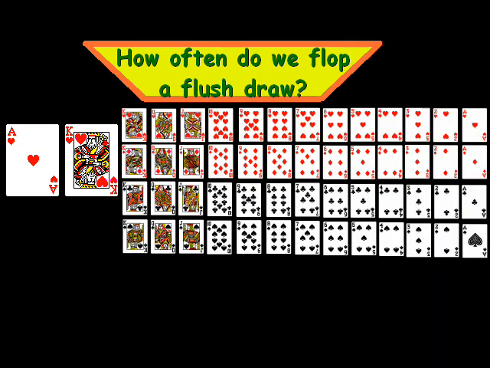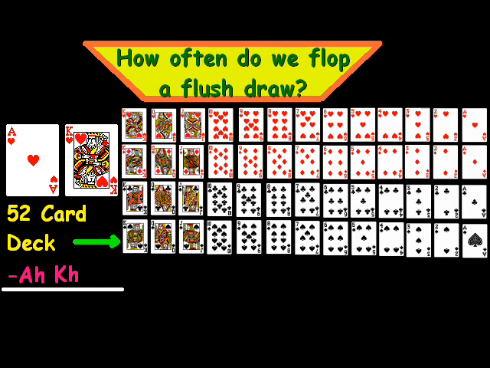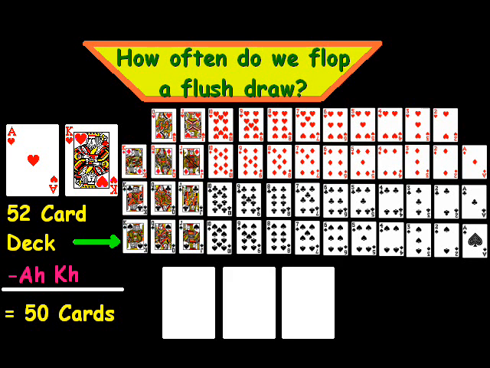First off, we'll start off with if we have like an ace king type hand, how often we flop a flush draw. Well, there's 52 cards in the deck right there, and we need to take out the two cards that we have, the ace of hearts and the king of hearts. So subtract those there. That leaves us with a total of 50 cards. And we're looking to figure out how often we flop a flush draw.